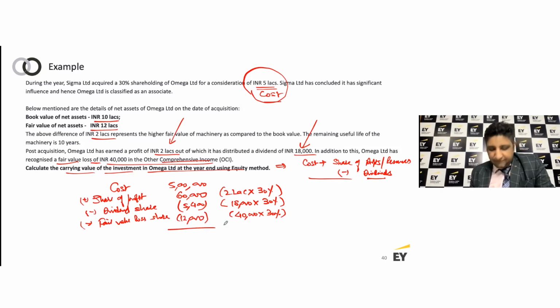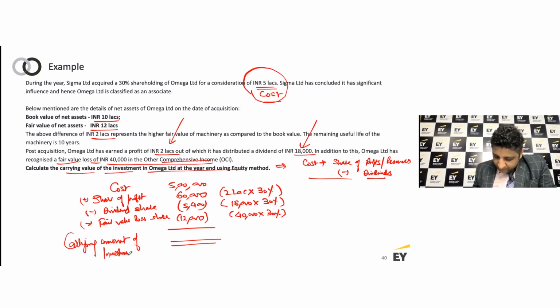Okay. So effectively, if I just do the sum total of these amounts, that would result in the carrying amount of that investment that I have made in Omega Limited, which is of course my investment in associate, right? Let's have a look at the total. It says 5,60,000 minus 12,000 is 548, minus 5,400 is 5,42,600, right?